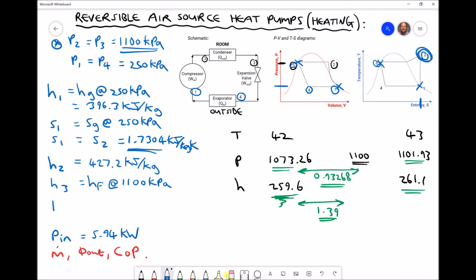So let's make a note. H3, 261.0 kilojoules per kilogram.